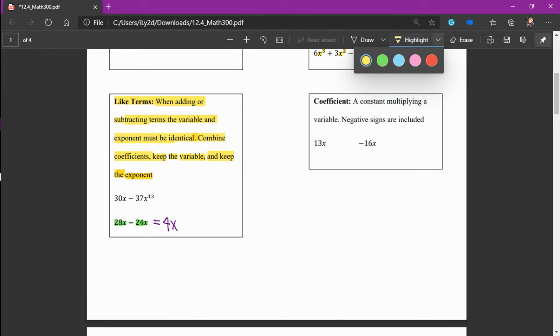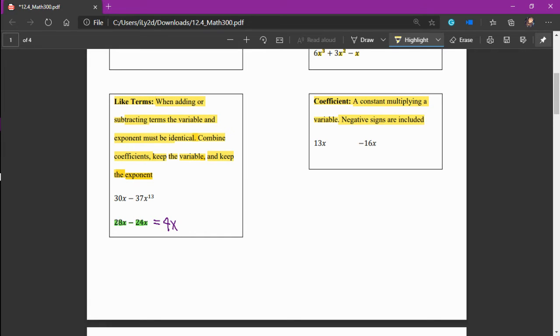Coefficient. If you hear me say the word coefficient, a coefficient is a constant multiplying a variable. Negative signs are included, y'all. It's not just the constant, it's not just the numerical value. If it's positive or negative, you need to know that at all times.